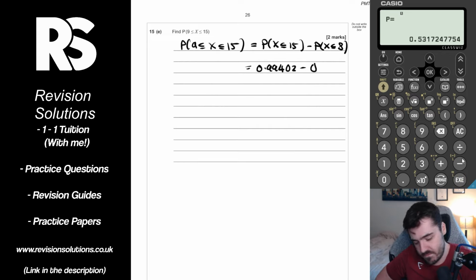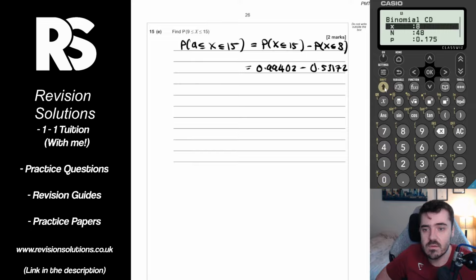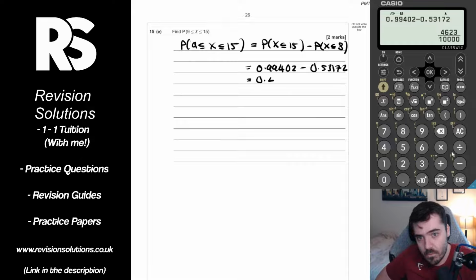That gives us minus 0.53172. Calculating 0.99402 take away 0.53172, that would be 0.4623, or we'll call it 0.462 to 3 significant figures.